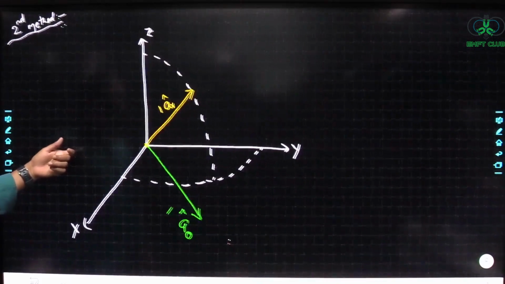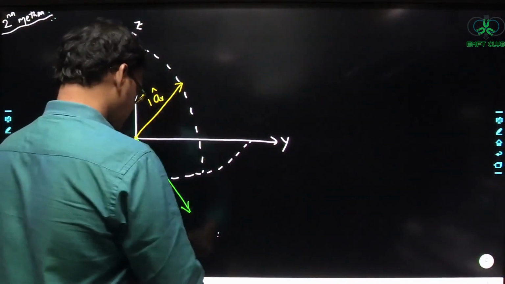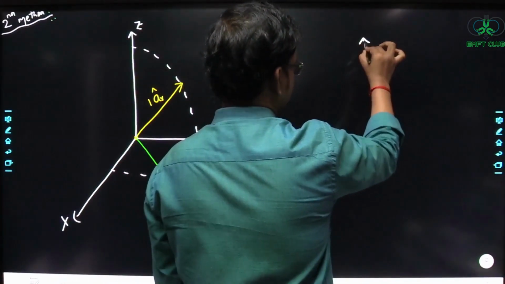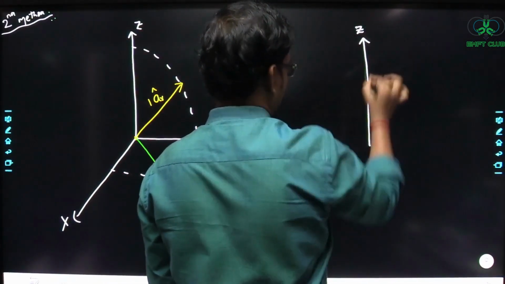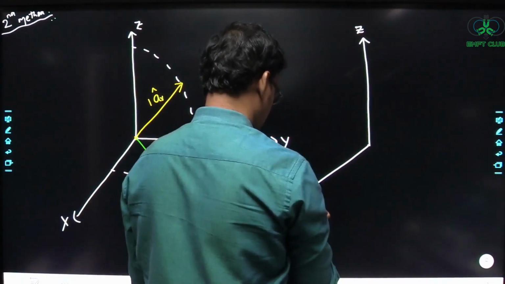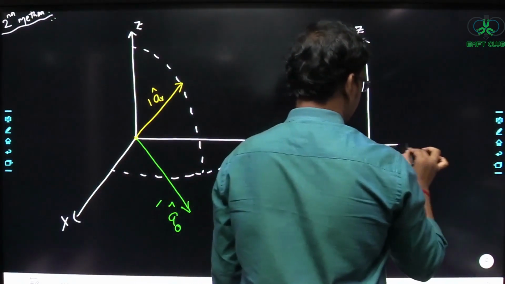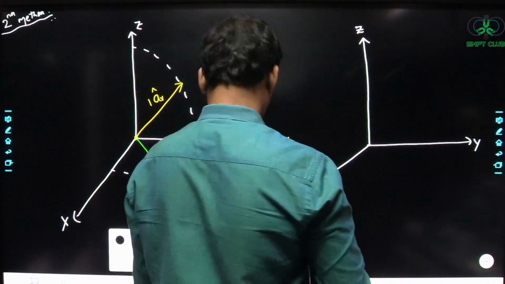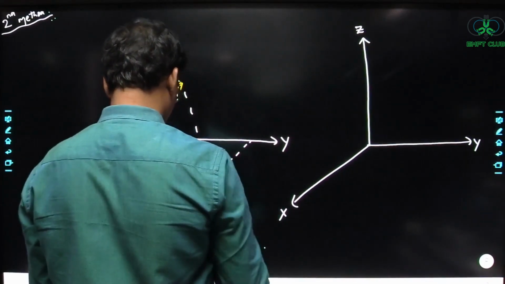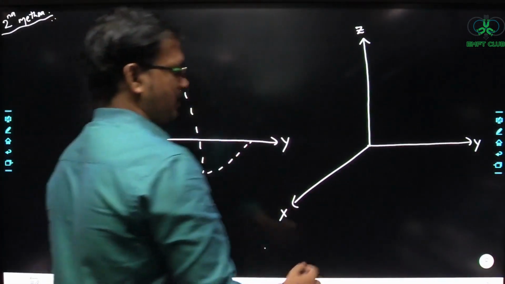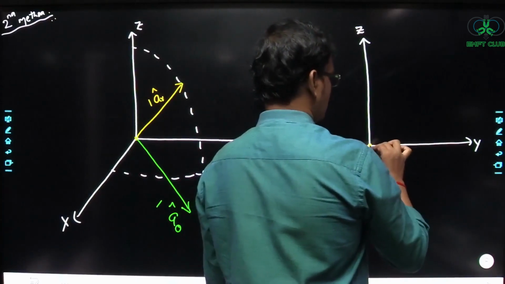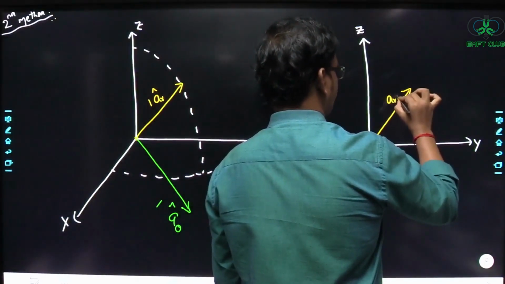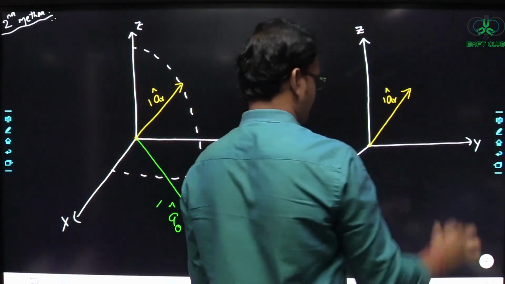Now here I am drawing again this z axis, this is x axis, and this is y axis, right? Here I am considering r cap, and its magnitude is 1, right?